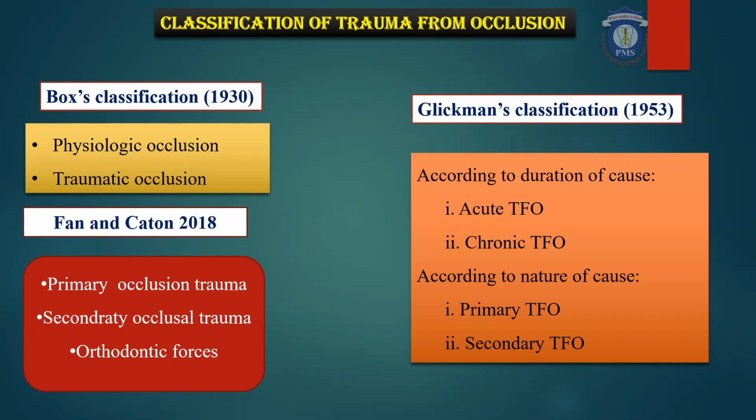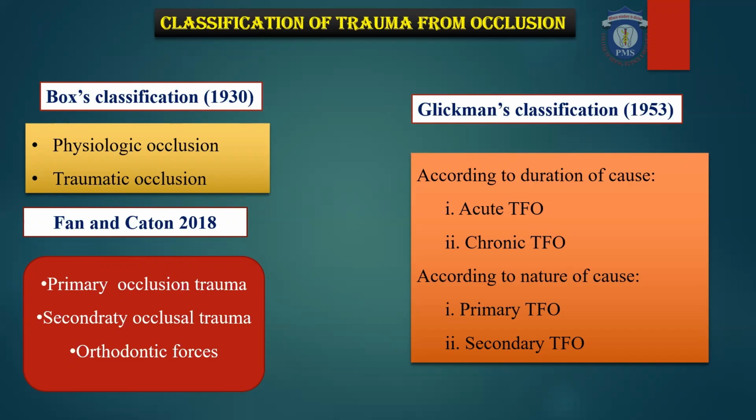According to the nature of the disease, it can be classified as primary and secondary trauma from occlusion. Fan and Caton in 2018 classified trauma from occlusion as primary occlusal trauma, secondary occlusal trauma, and occlusal trauma due to orthodontic forces.